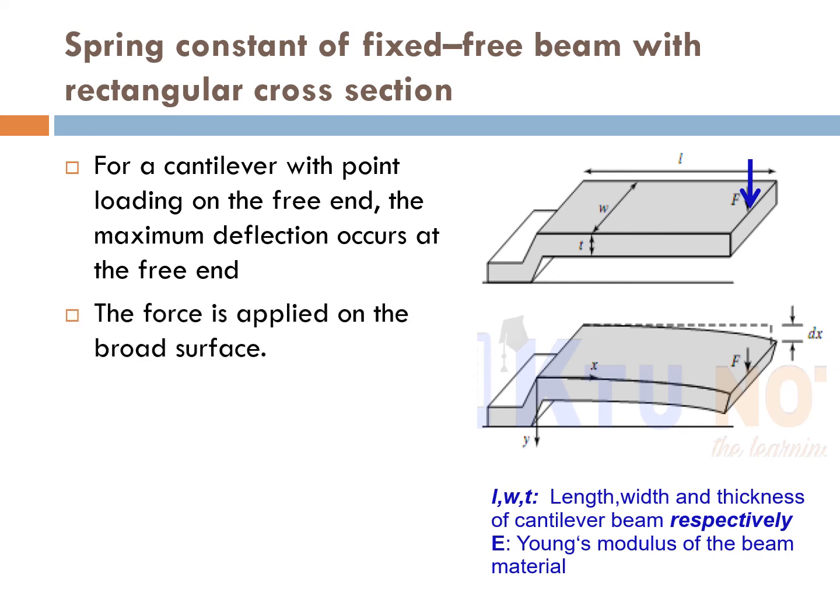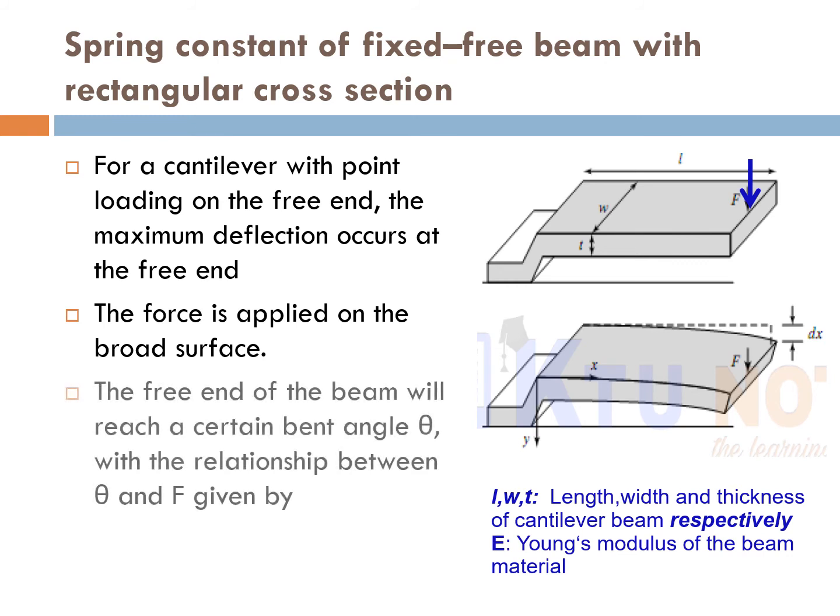Now, in the case of the cantilever beam, where the force is applied on the broad surface, as shown in the figure, the free end of the beam will reach a certain bent angle theta, and the relationship between theta and the applied force F is given by theta is equal to FL square by 2EI.